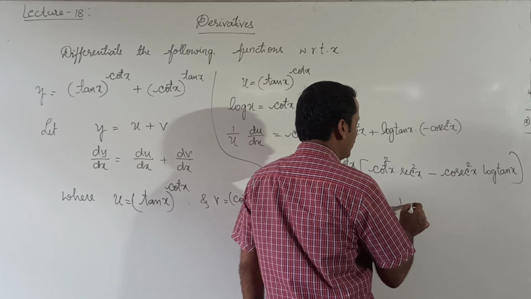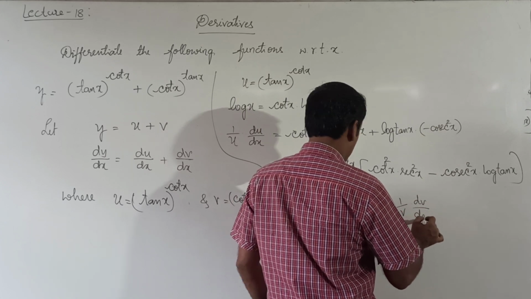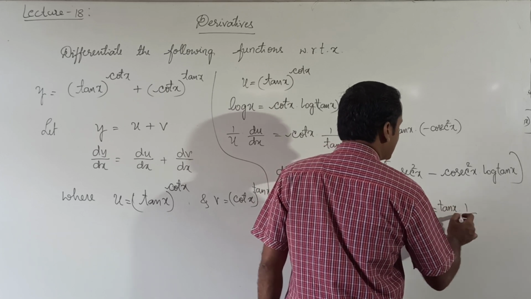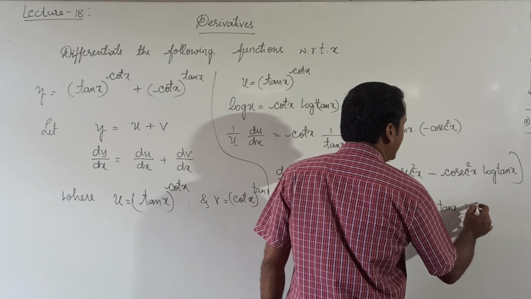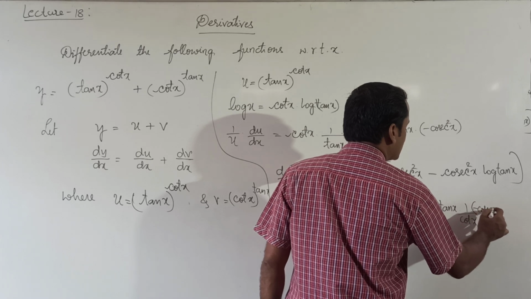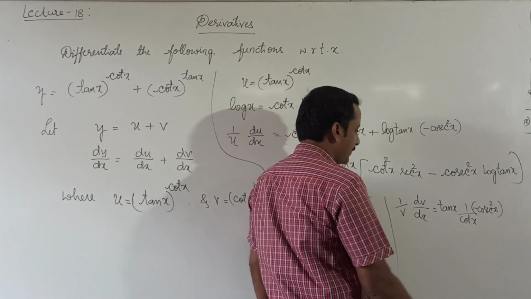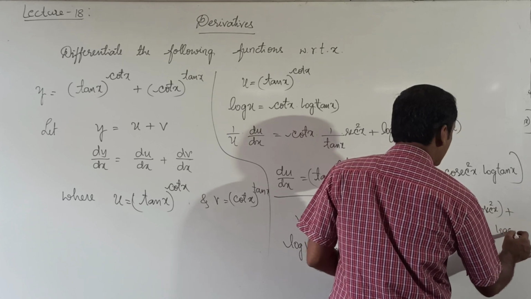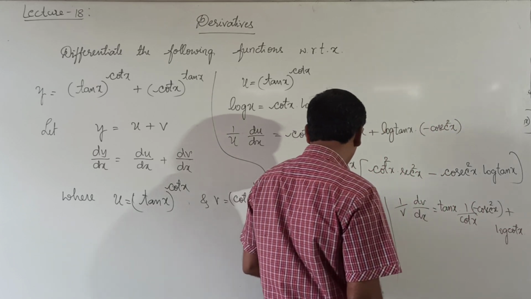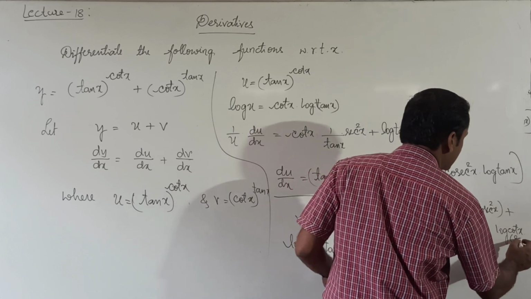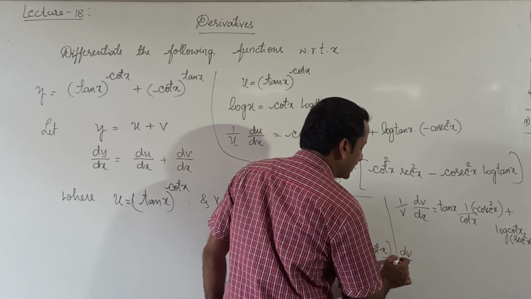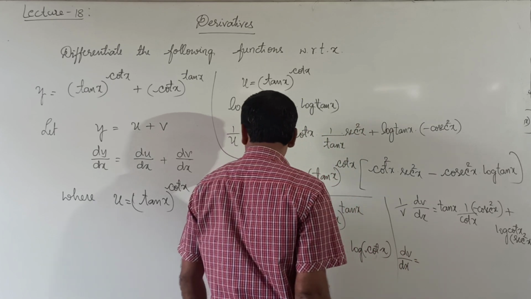1 by v into dv by dx is equal to tan x into derivative of log cot x is 1 by cot x into minus cosecant square x plus log cot x into the derivative of tan x, which is secant square x. Okay, so dv by dx is equal to v into what is v?